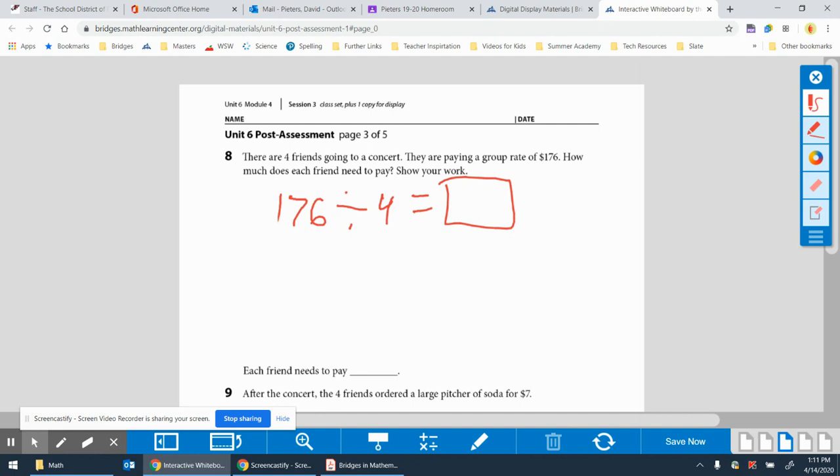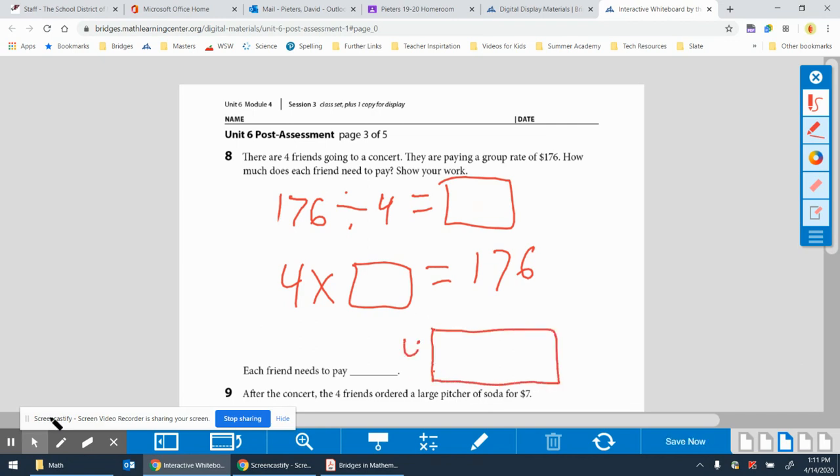Now, one of the things that I would do for myself is I would rearrange this into a multiplication problem. And I know some of you would do that too. And so you would ask yourself, 4 times what equals 176? And so since we can solve this problem any way that we want, for me, I'm going to build our array up to 176. So we have our 4 friends. I'm going to say, well, I know I'm trying to think of 4 times what gets me close to it.